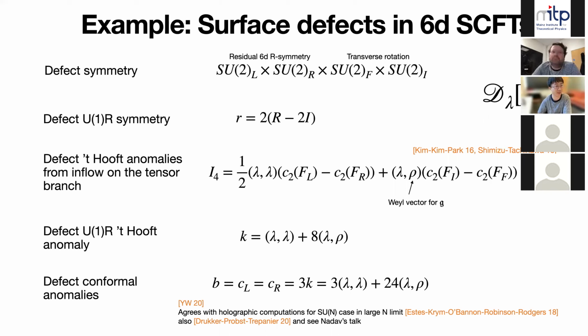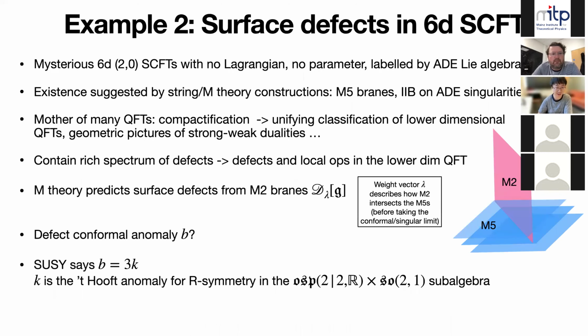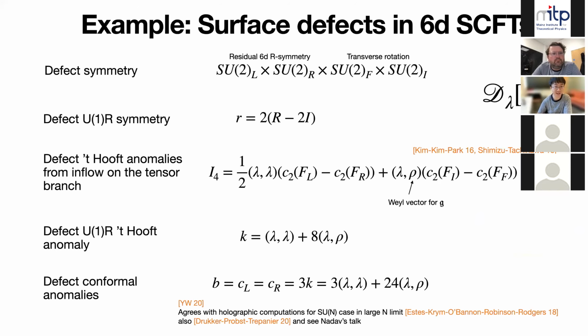It's determined by this anomaly four-form polynomial. By understanding how the U1 R symmetry of the superconformal algebra embeds into the full global symmetry of the defect, you can extract the corresponding U1 R defect 't Hooft anomaly.